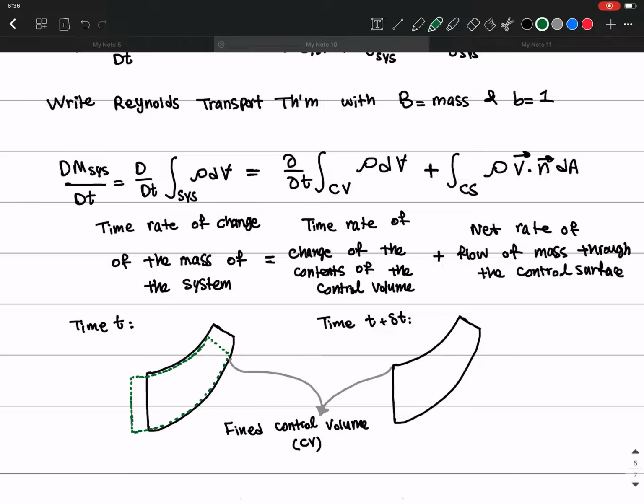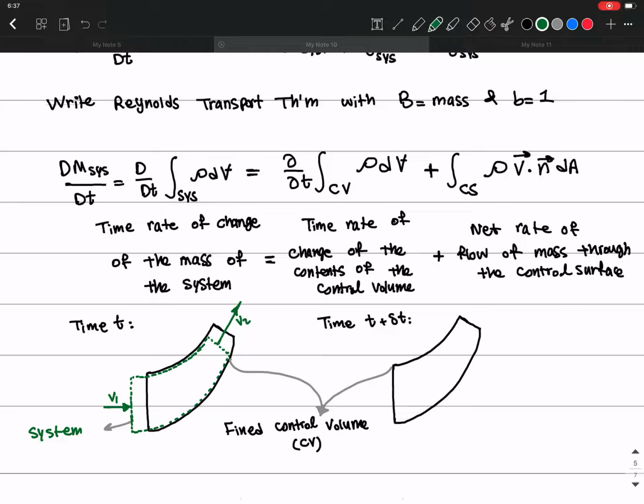So this has a velocity v1 here and a velocity v2 here. And so this is the system.